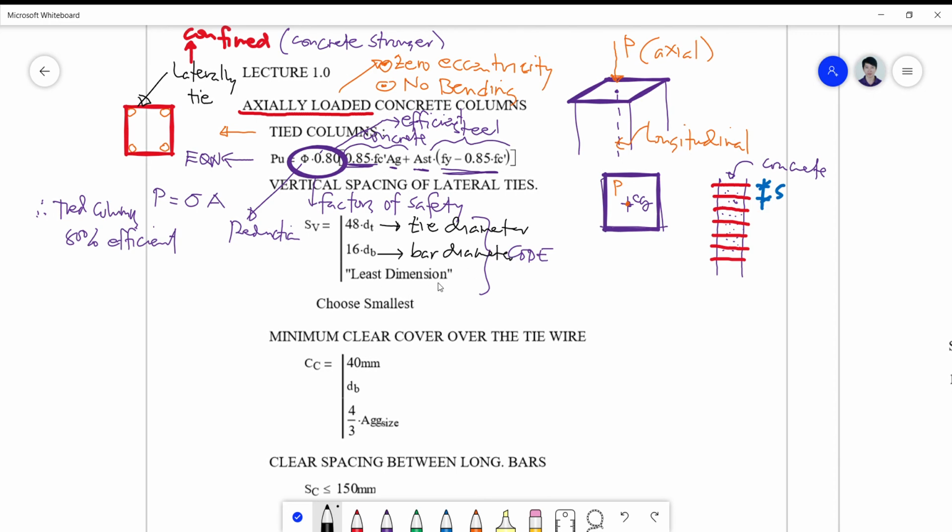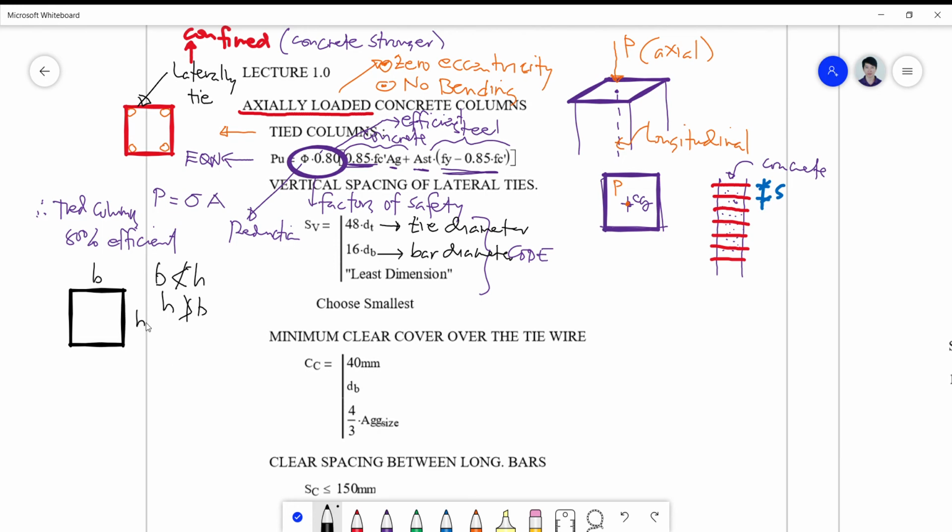And the least dimension of the column. So remember that for a rectangular column, the least dimension may be attributed to this or this, okay, whichever is lesser. Take note that B is not less than H always, and H is also not greater than B always.